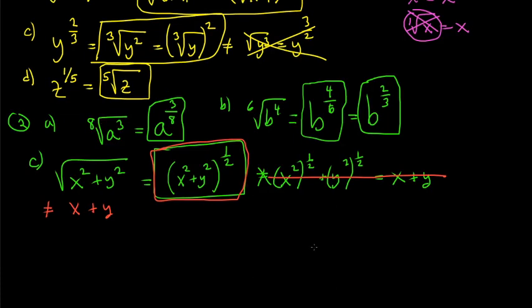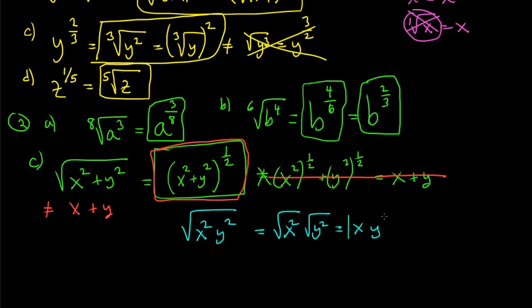Just to remind you, if you had the square root of x squared times y squared, you could split that up and write this as x times y, assuming that x and y are positive. Otherwise, you need absolute value, right? So yeah, there might be a question on that coming up very shortly.